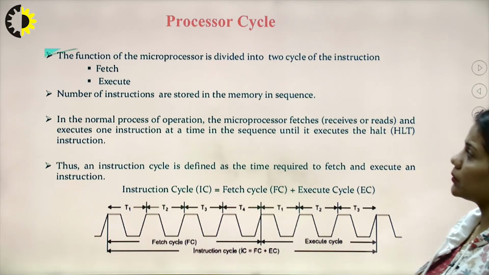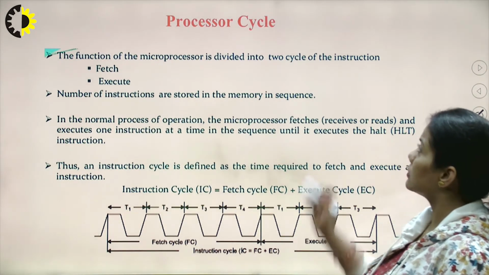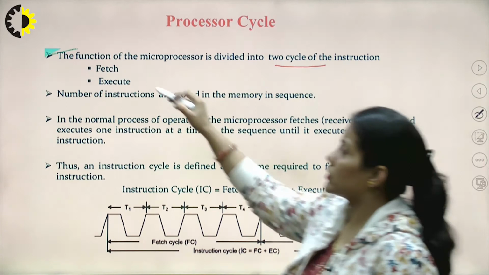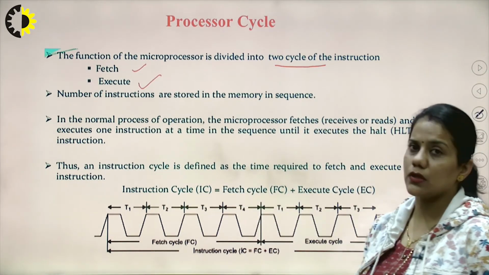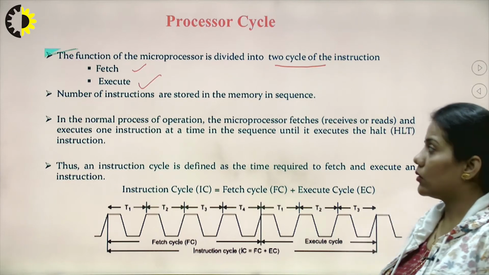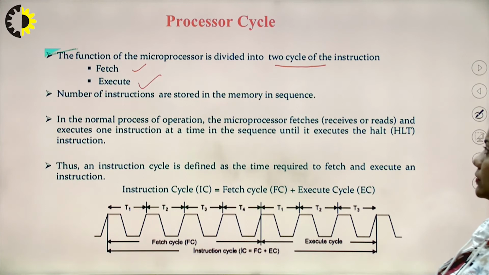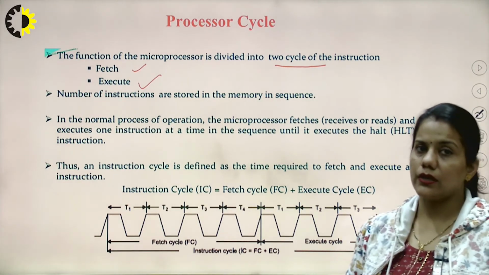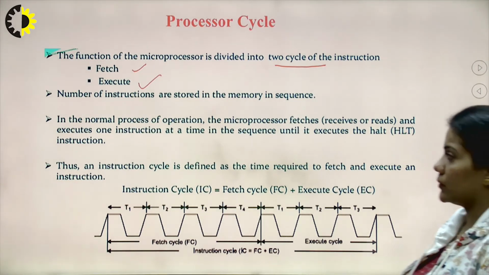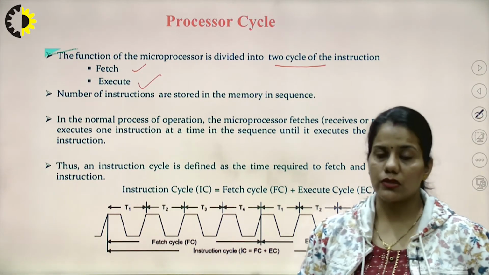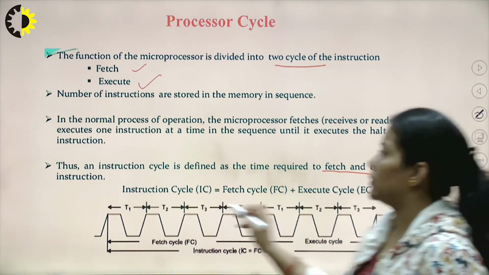Next, what is meant by processor cycle? The function of the microprocessor is divided into 2 cycles of instructions, that is fetch and execute. The instructions are stored in the memory in sequence. In the normal process of operation, the microprocessor fetches, that is it receives or reads, and executes one instruction at a time in the sequence until it executes the halt. Thus an instruction cycle is defined as the time required to fetch and execute an instruction.